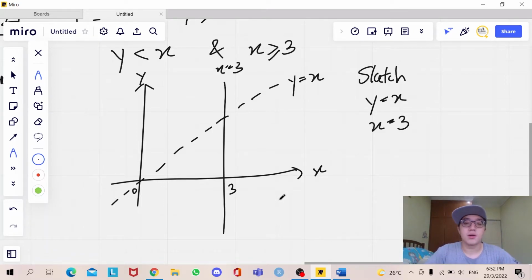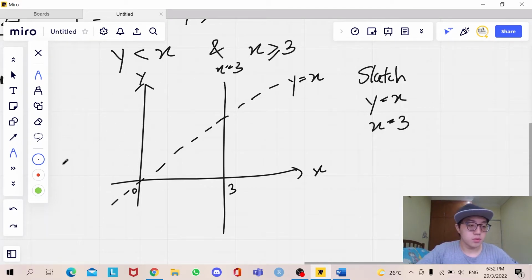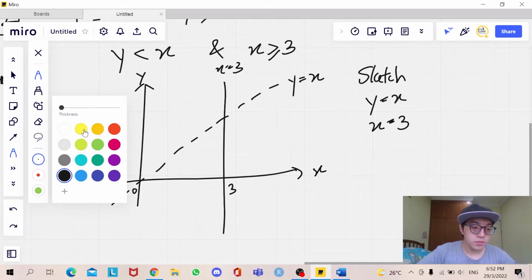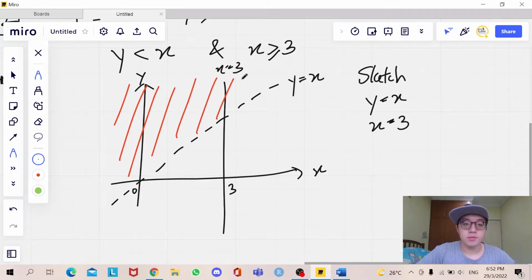But you are not done yet, because these are just the equations of the lines. So now you need to determine the area. First, y must be lesser than x, which means everything up here is y larger than x. I'm gonna use a different color. Therefore, we shade away the regions that we don't want.